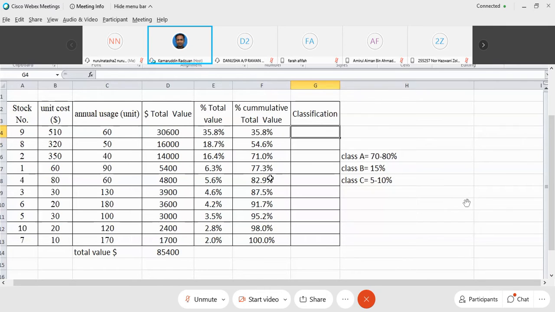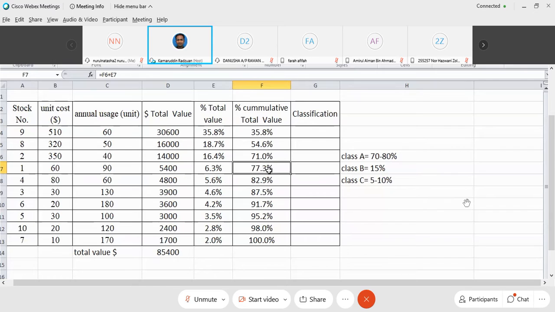We have two part numbers here, part number 2, and part number 1 and 4. So we need to choose between these two which one will be the last part number included in the class A item.